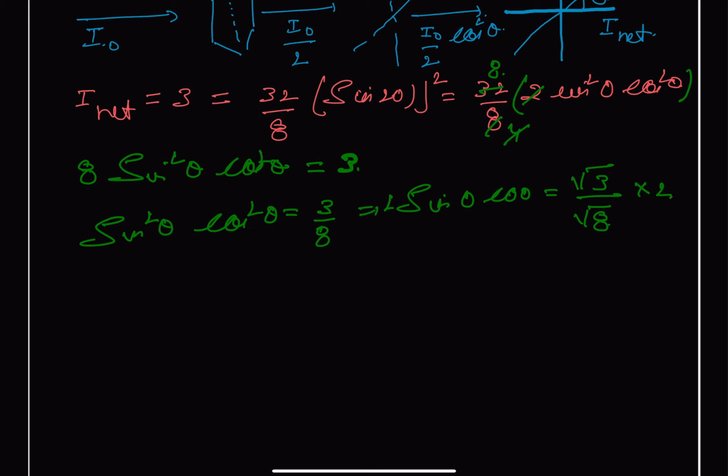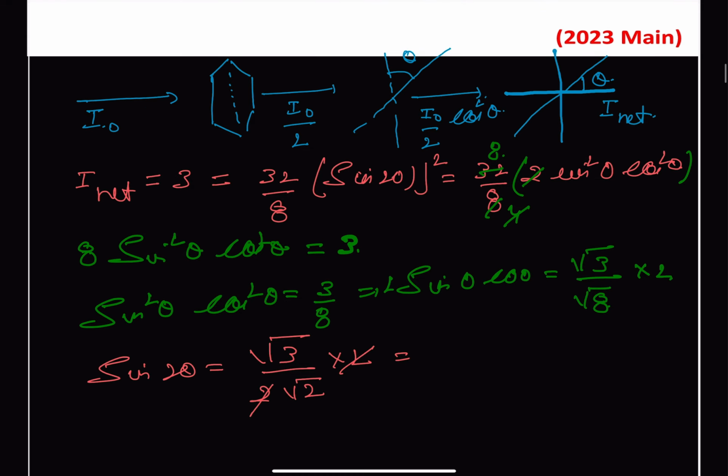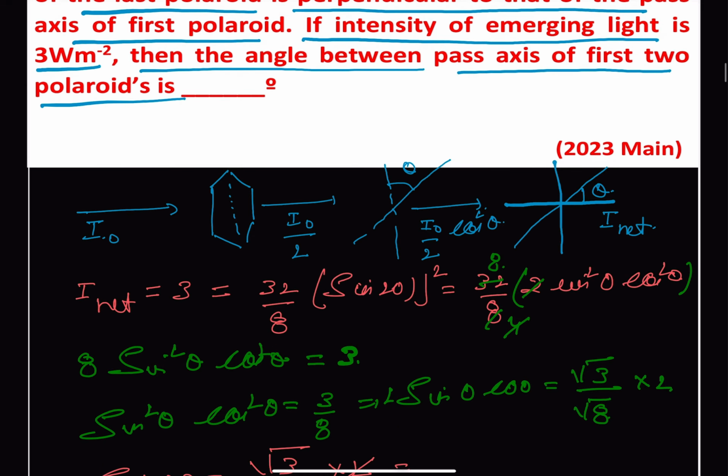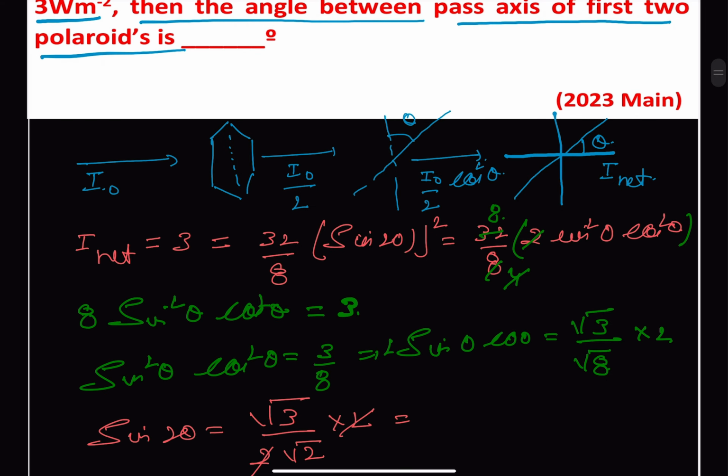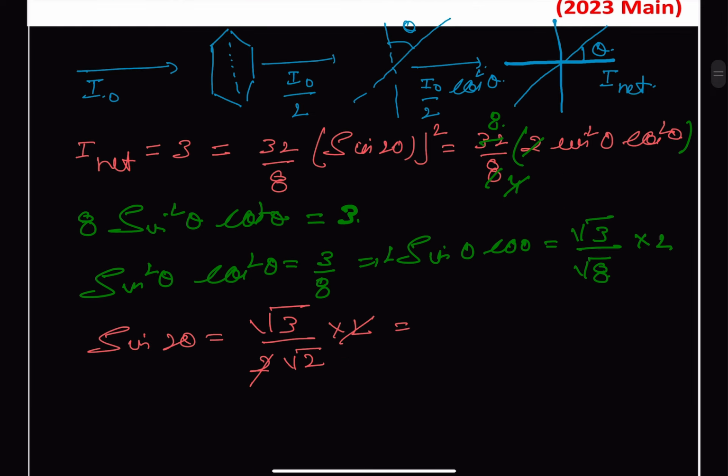So sine of 2 theta will be equal to square root of 3 over 2 square root of 2, multiplied by 2. I think it went complicated. Let me start again. I think there is some mistake somewhere, and I'm not able to figure it out.